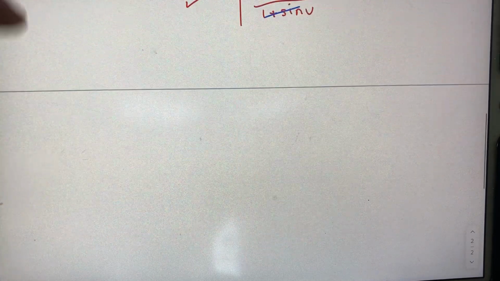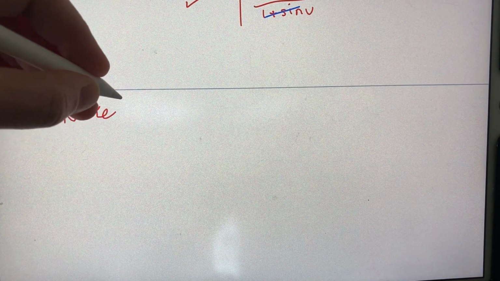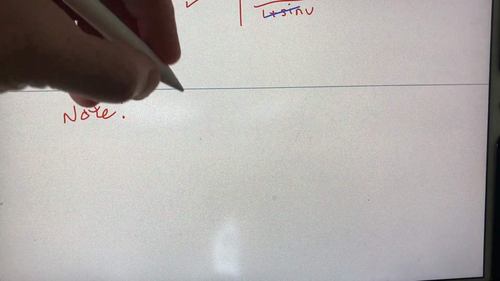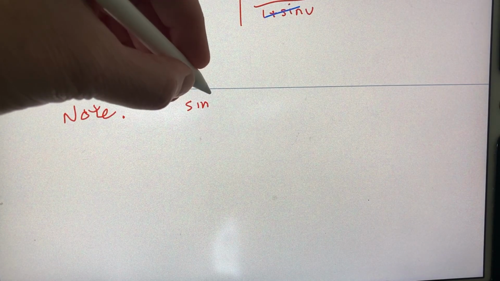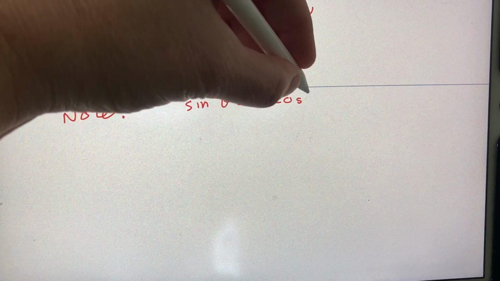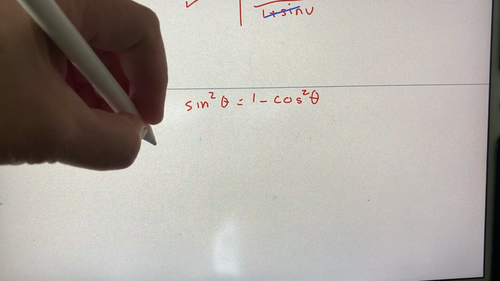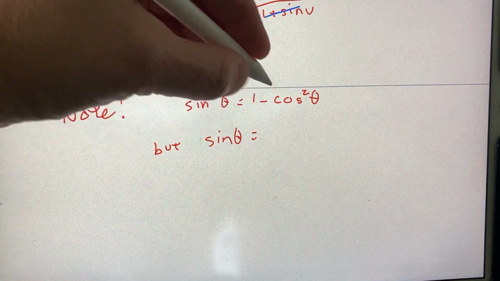Okay, one little thing that I would like to mention, that sine squared is 1 minus cosine squared, but sine is not suddenly 1 minus cosine.